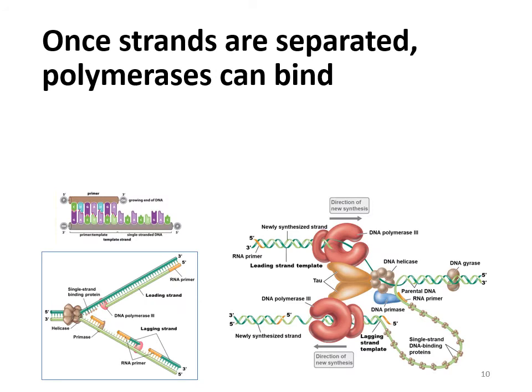Once the strands are separated, now you can have polymerases come along. And anytime you hear the term polymerase, I want you to think an enzyme that builds the nucleic acids. So a DNA polymerase will build DNA strands, whereas an RNA polymerase will build RNA strands. Now, DNA polymerases have their limitations.